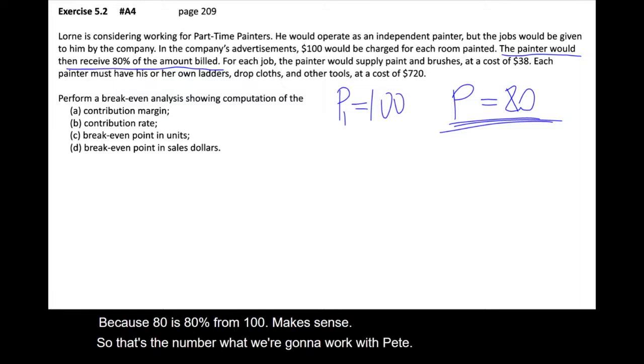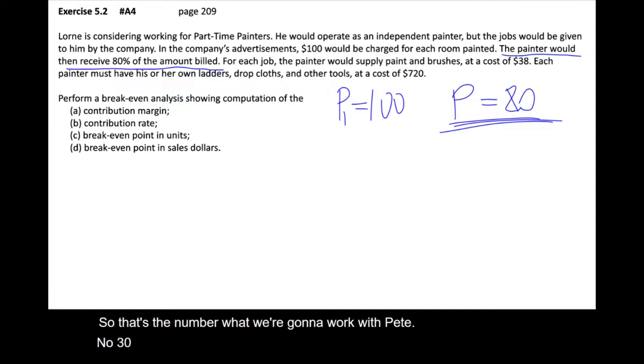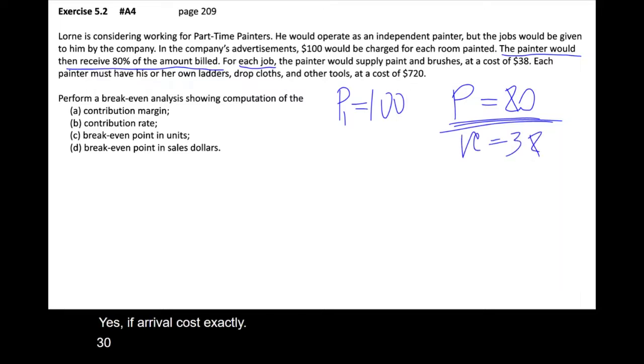Now, $38, what is that? For each job, which is a unit, it's the variable cost, exactly. $38.